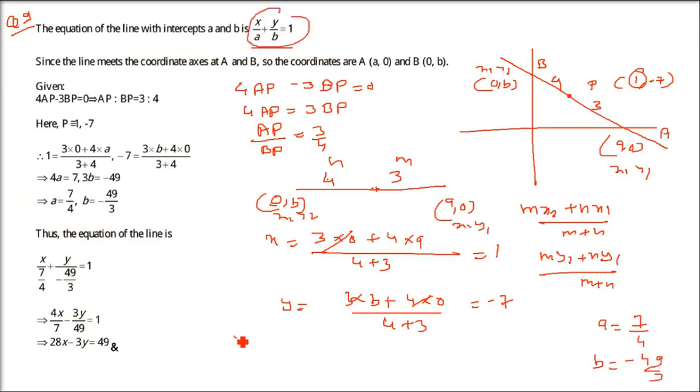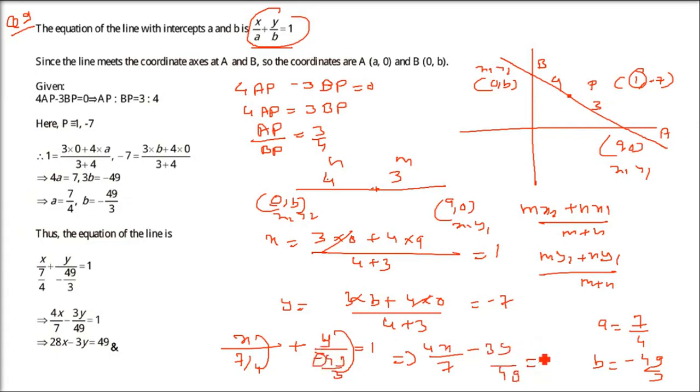So now b is there. Now put it in the original equation. X by 7 by 4 plus y by minus 49 by 3 equals 1. And this goes up: 4x by 7 minus 3y by 49 equals 1.